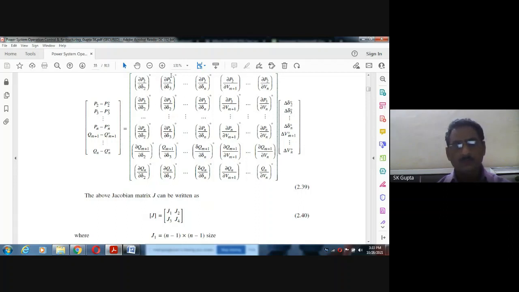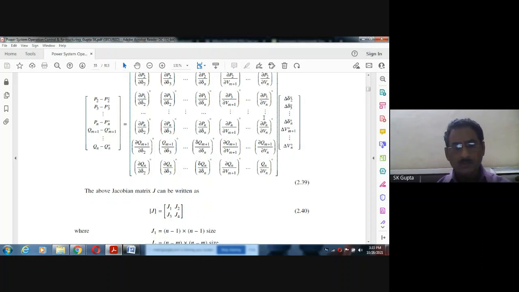And for this block, the number of rows is n minus 1, and what will the columns be? The columns will be n minus m, because it is from m plus 1, so n minus m.